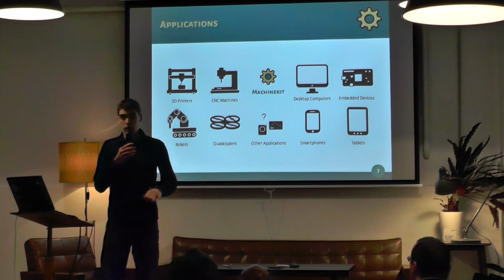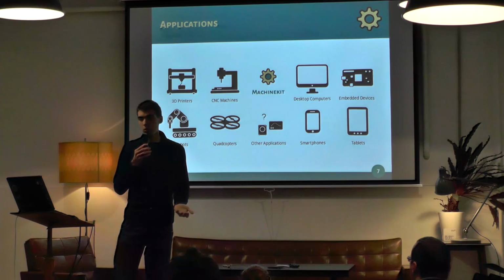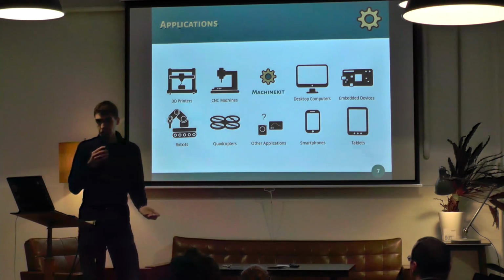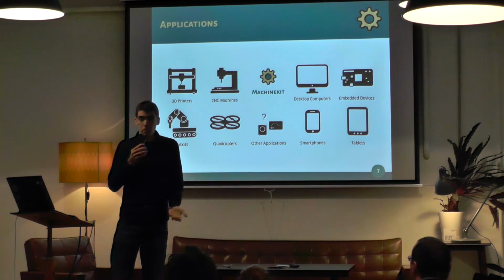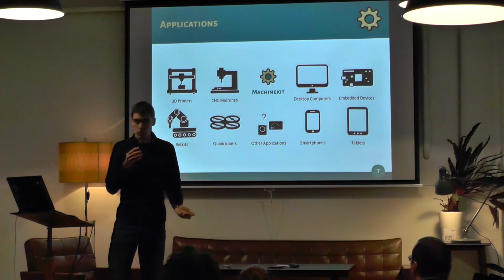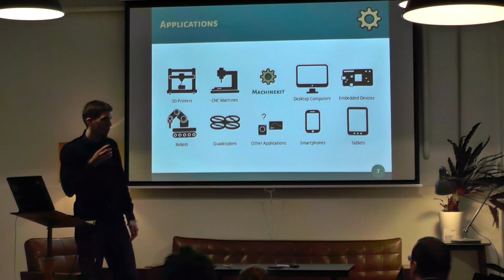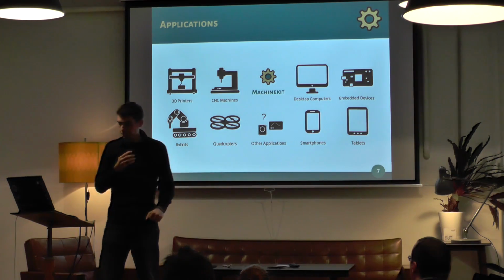It can be used for the traditional use for CNC machines, or for the new upcoming 3D printers, or maybe for other applications such as robots or quadcopters, or whatever you may think of.